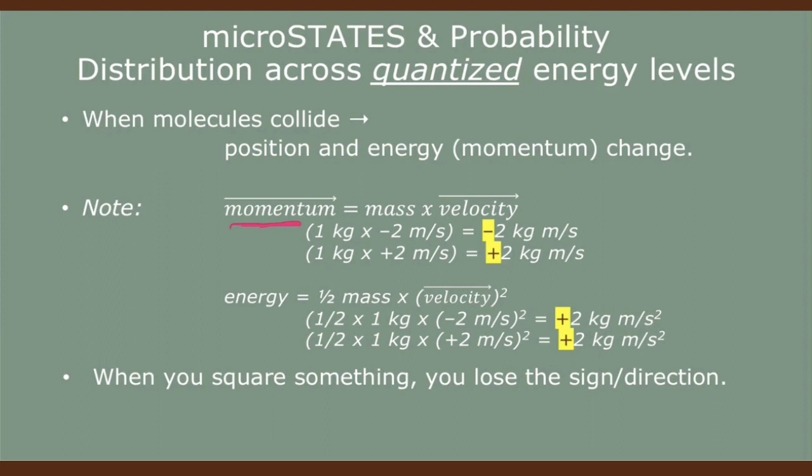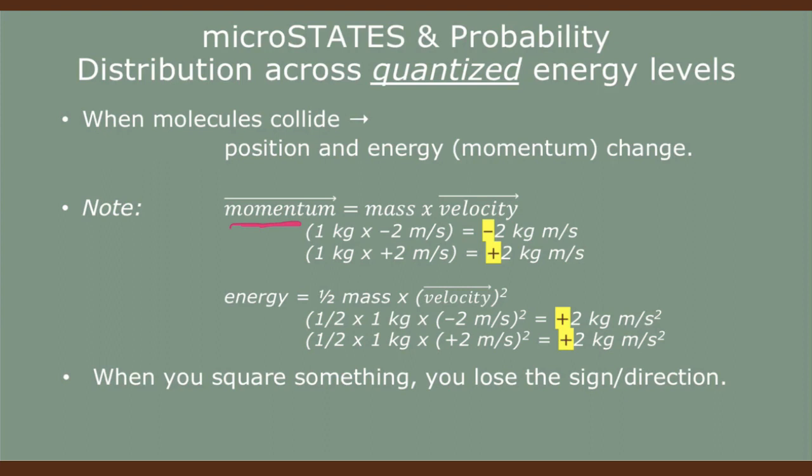Remember, velocity has a direction. Imagine you had a 1 kilogram ball going to the left at 2 meters per second, then its momentum would be minus 2 kilogram meters per second. And if you had the same 1 kilogram ball going to the right, positive 2 meters per second, the momentum would be positive 2 kilogram meters per second.